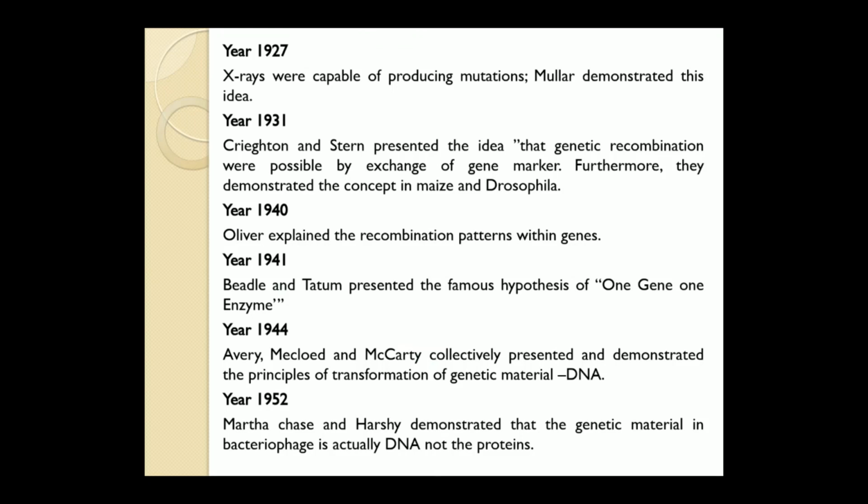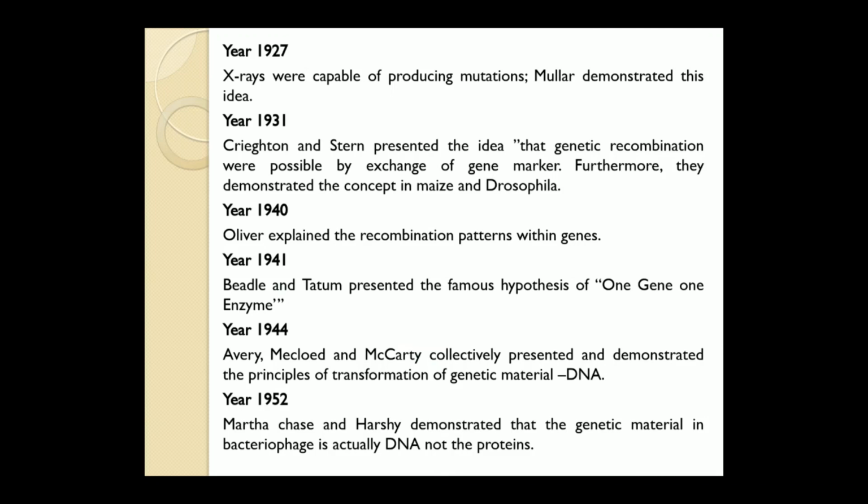In the year 1940, Oliver explained the recombination pattern within the gene. You will study recombination in detail in your molecular biology classes. In 1941, Beadle and Tatum presented the famous one gene, one enzyme hypothesis, which was later explained in a different way in modern genetical terms.